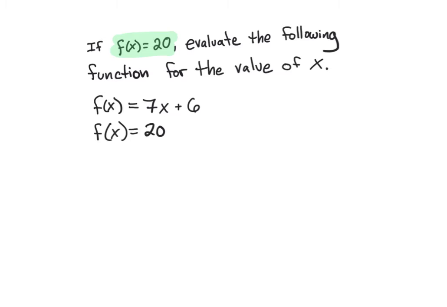Next, before I dive into any algebra, I want to consider if I've been given an input or an output. When I look at both pieces of information, I see x's in both parentheses, so I can tell that I've been given an output.